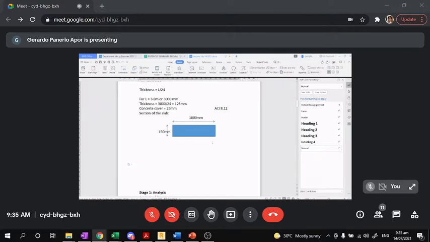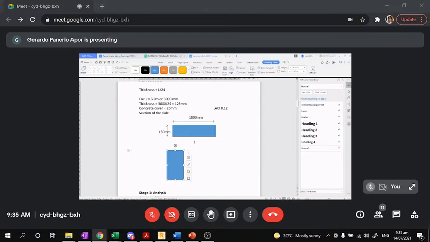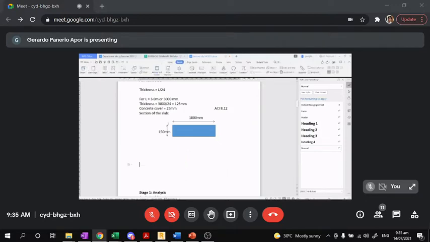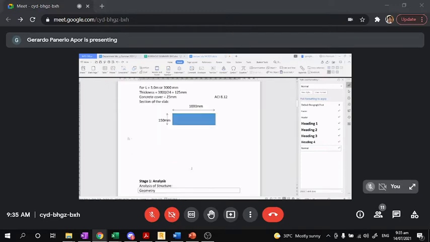That is the characteristic of a slab versus a beam. Anyway, the design procedure is still the same.